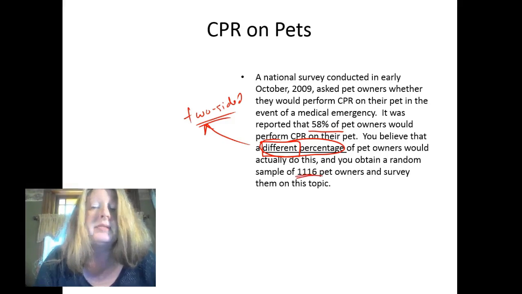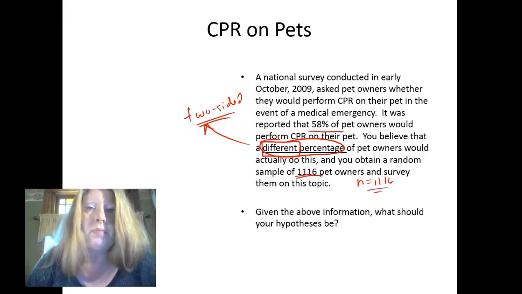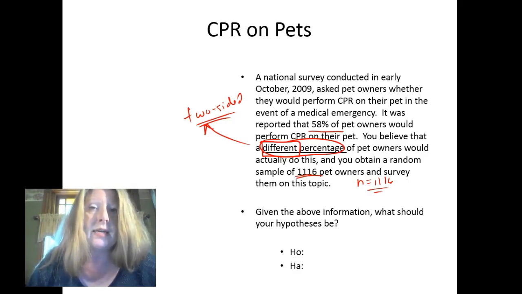You obtain a random sample of 1,116 pet owners, so that's your n. What would our hypotheses be? What are you thinking they would be here? Hopefully you're seeing we're going to be dealing with a proportion, where each individual is just giving us a yes-no answer. Yes, I would perform CPR, no, I would not.